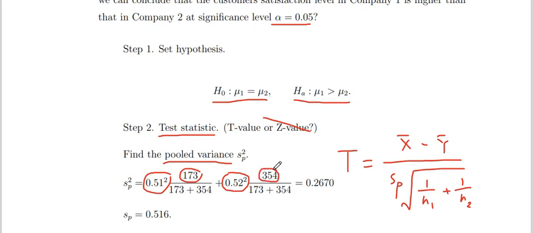These are the degrees of freedom, and the total weight is 173 plus 354. After some calculation we find SP squared equals this.